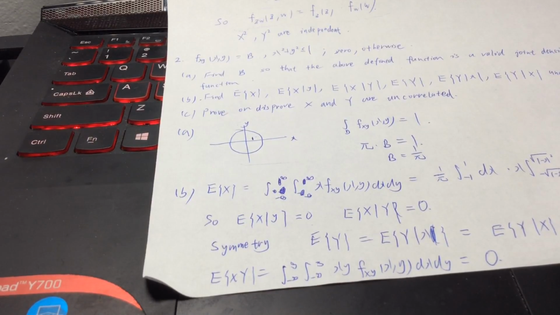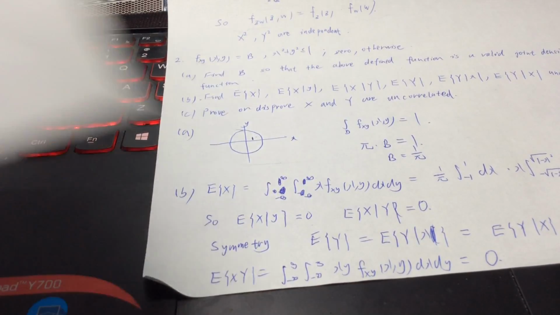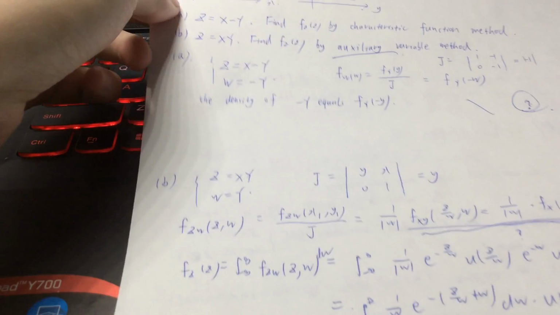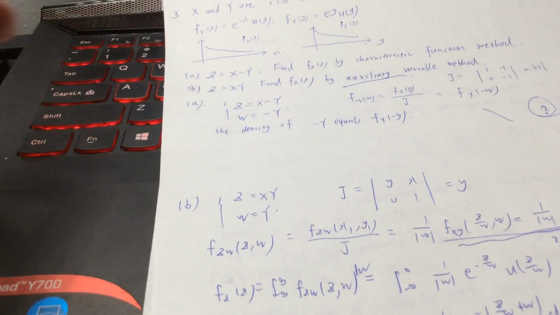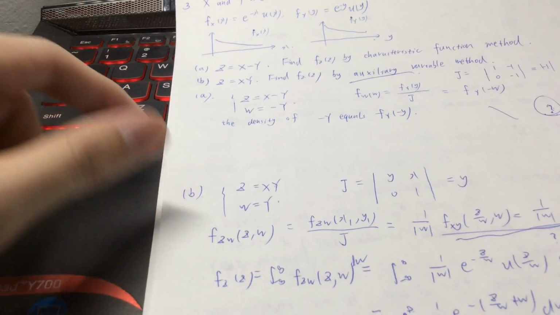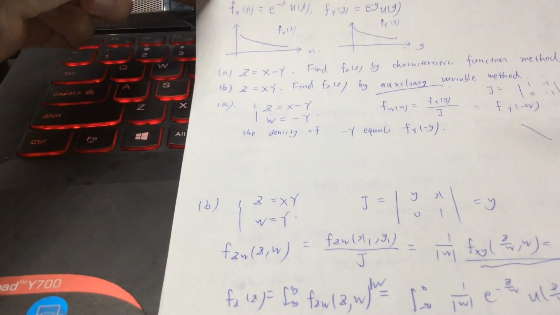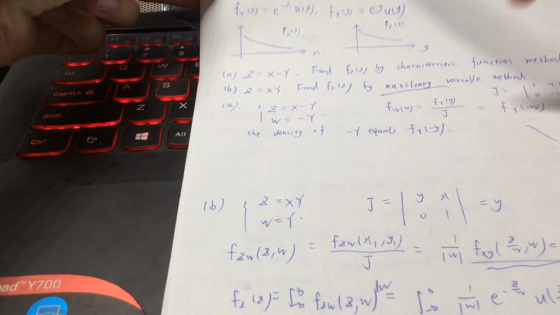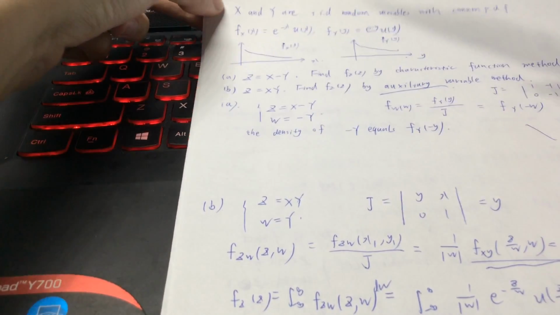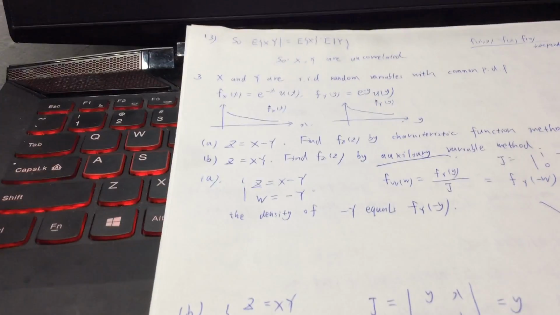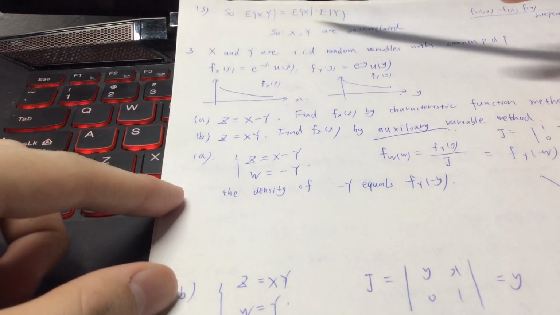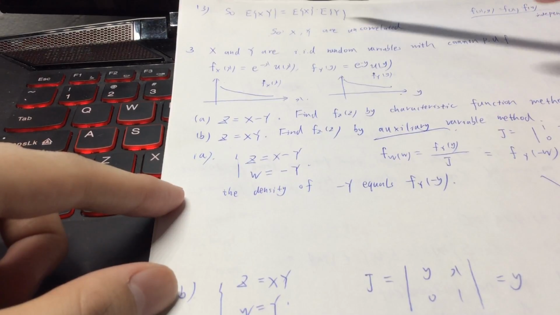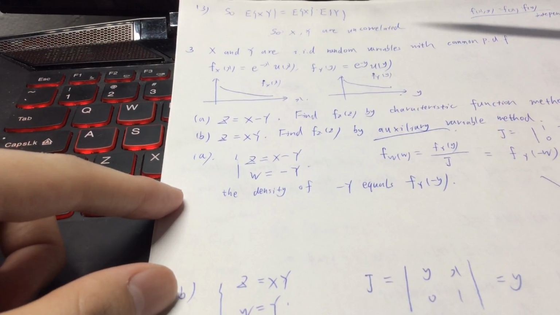And then for the third part, it requires us to prove or disprove that X and Y are uncorrelated. From the definition, we need to prove whether E[XY] is equal to E[X] times E[Y] or not.